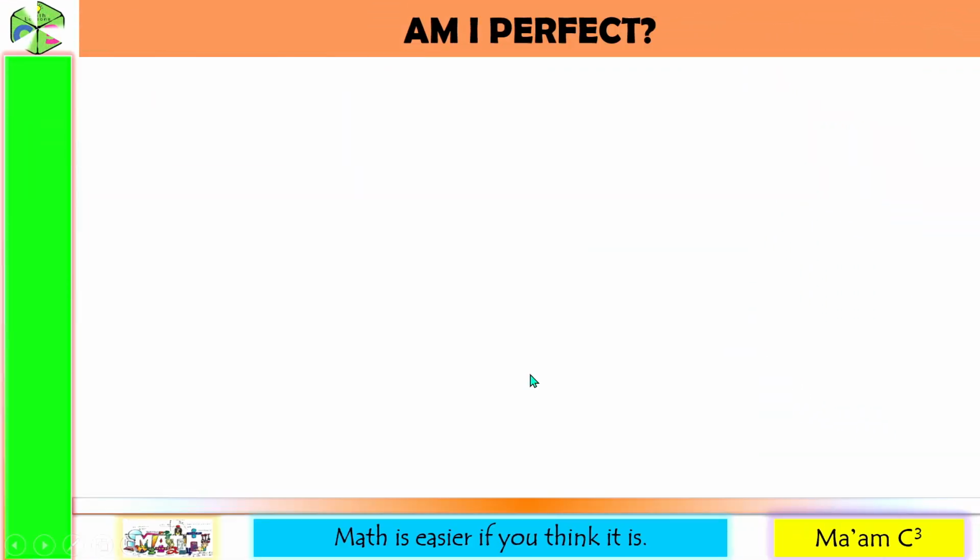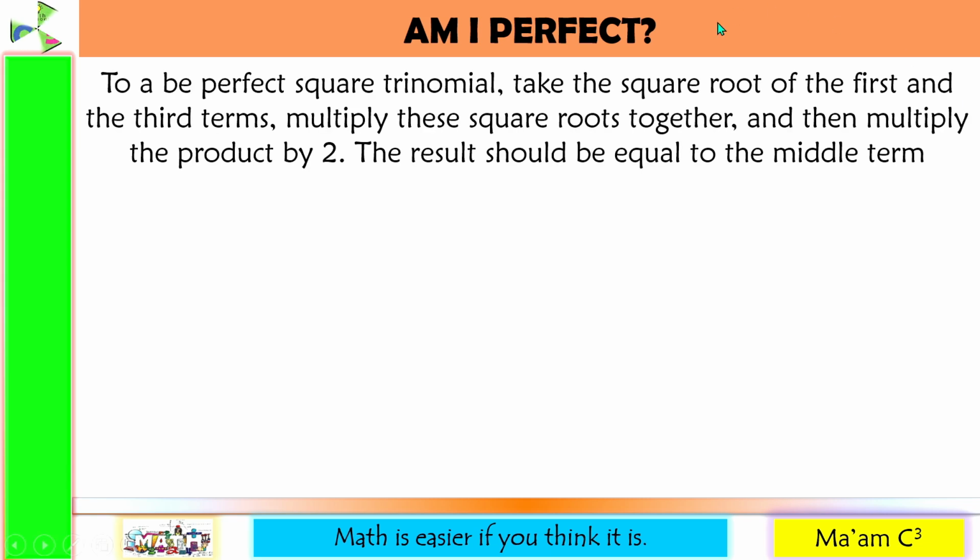Let's have an activity. Am I perfect? So again, here are the steps in determining if a trinomial is a perfect square. Take the square root of the first and the third terms, multiply these square roots together, and then multiply the product by 2. The result should be equal to the middle term.